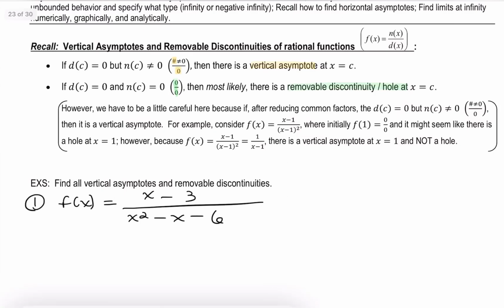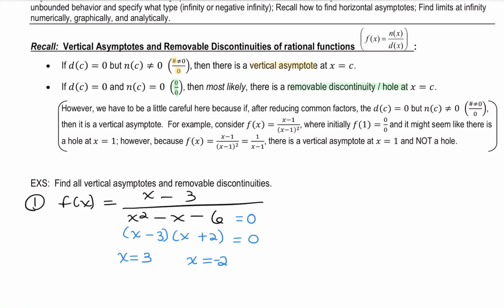So we would start off and say, okay, this factors to x minus 3 and x plus 2. Both of these are values that make my denominator equal to 0. So my denominator goes to 0 at x equals 3 and x equals negative 2.